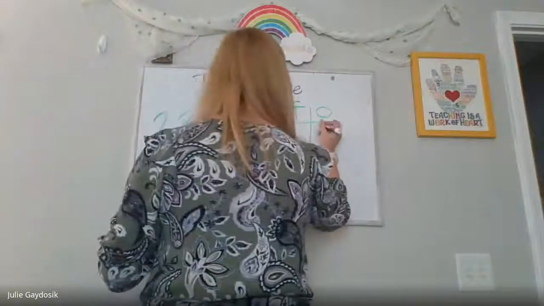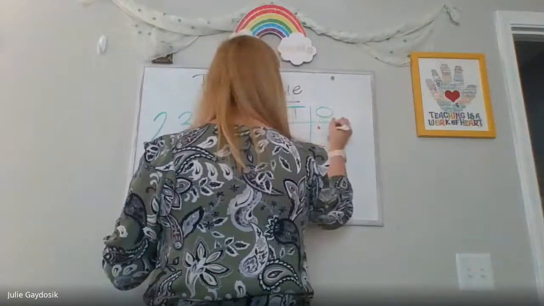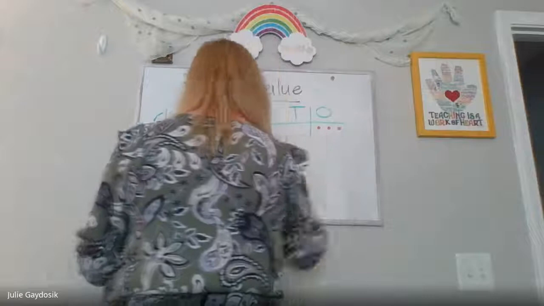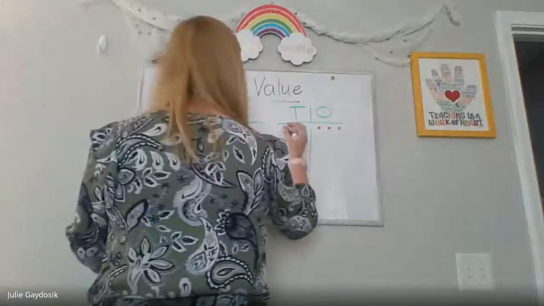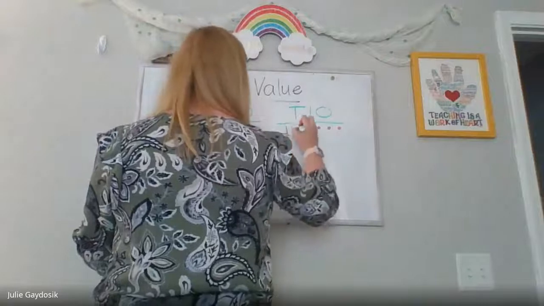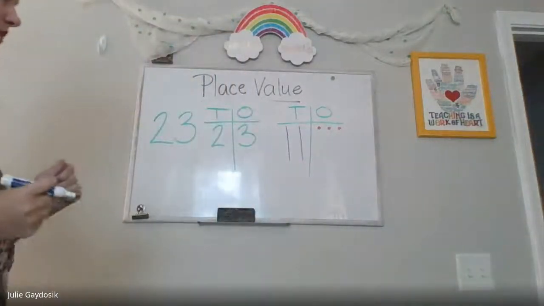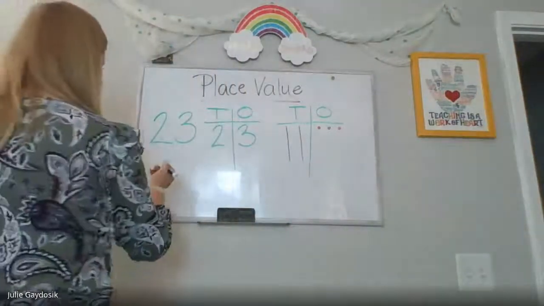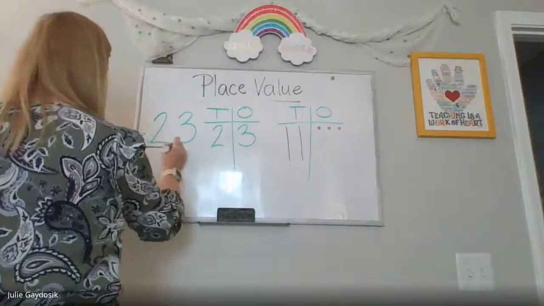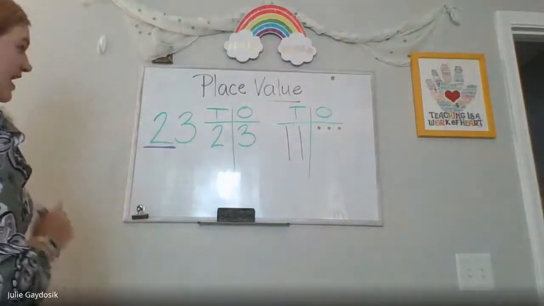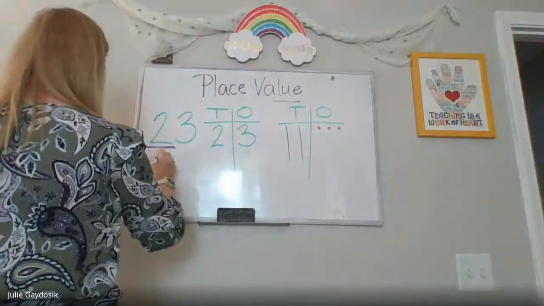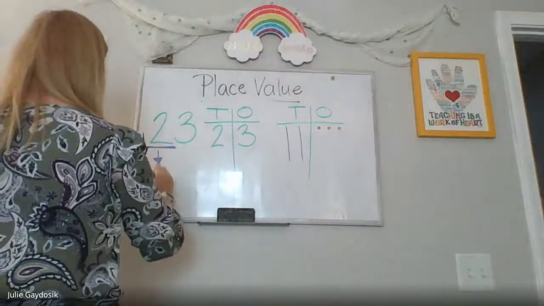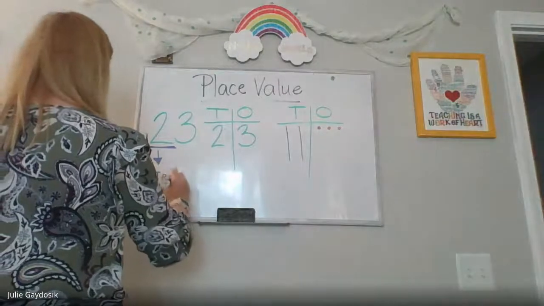So I can have 3 ones, and then I could also have 2 tens. If I asked you what the value of this place was, you would say 2 tens.